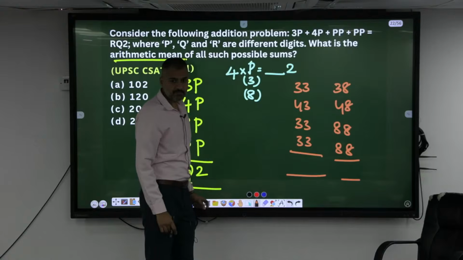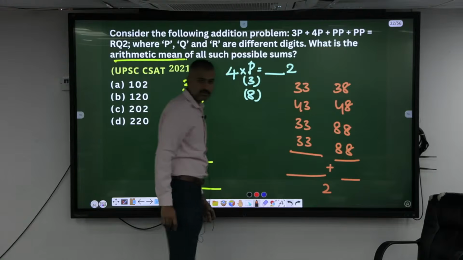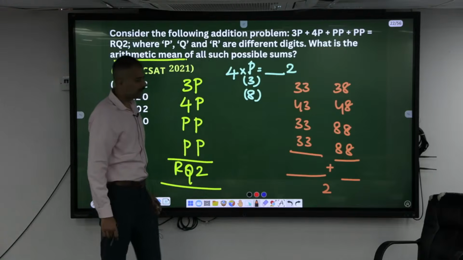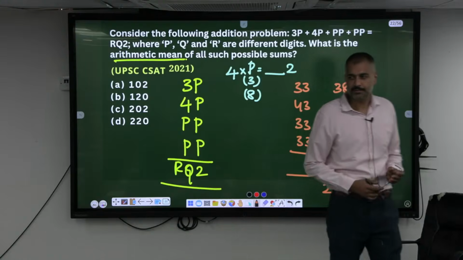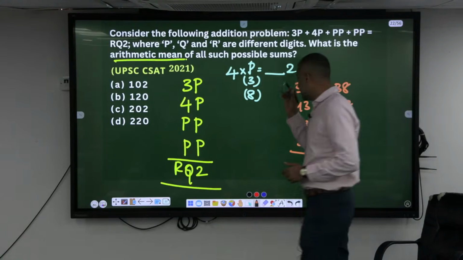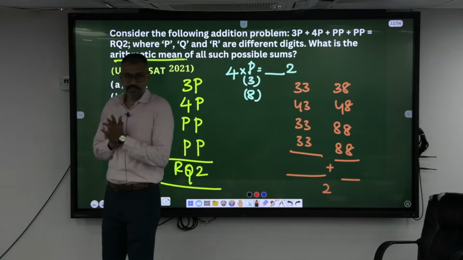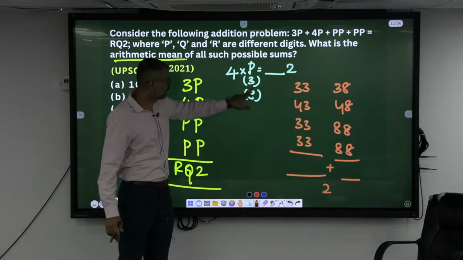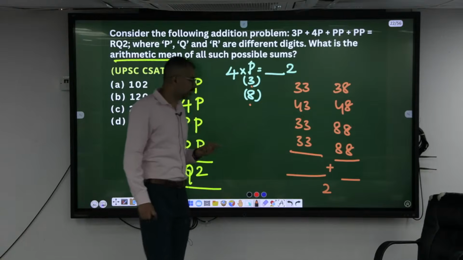If I know the sum here, can I add these two and divide by 2? That's what the arithmetic mean is. These are the only two possible cases. 4 times any value, if you multiply, the unit digit to be 2, it has to be either 3 or else 8. So the P value has to be either 3 or else 8.